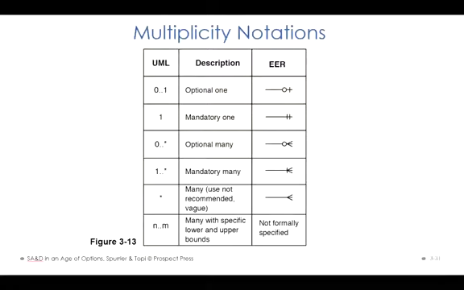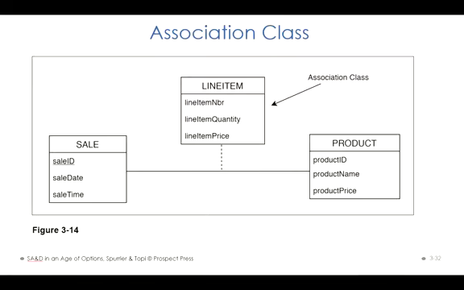The many side can actually become a real number. It can be 1, 2, 3, 4, 5, any number. You can be more specific and give more detail in the UML model compared to the entity relationship model. There are also new notations, for example association class, to represent the concept of a one-to-many notation in the ER diagram we saw earlier as our line item pattern.